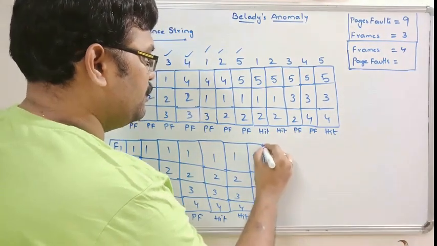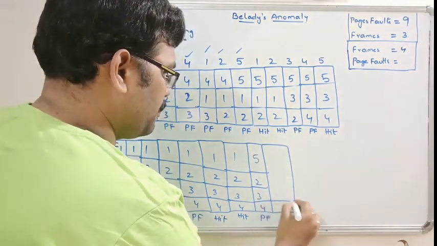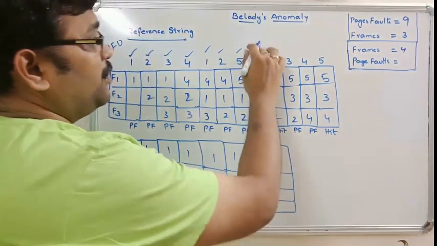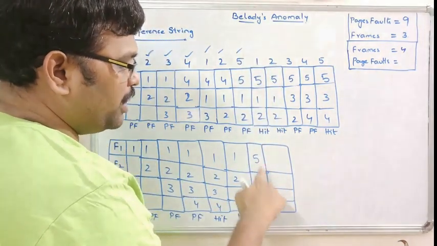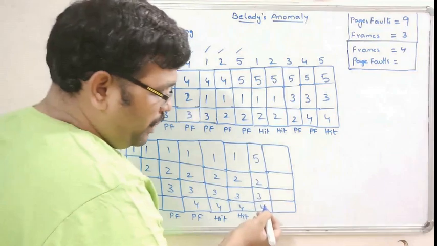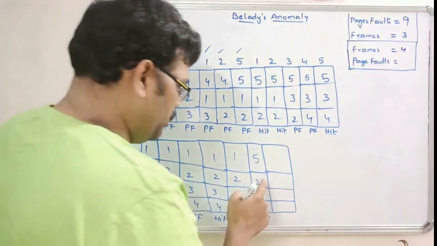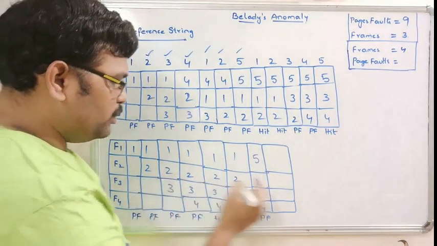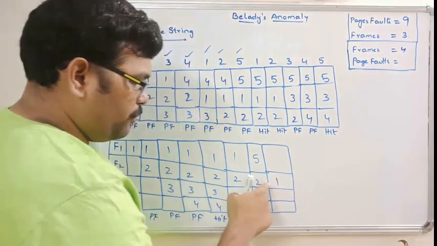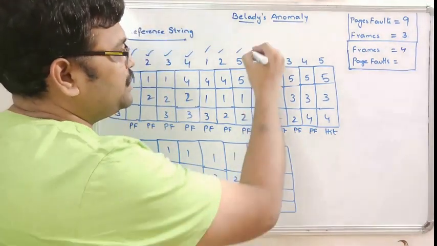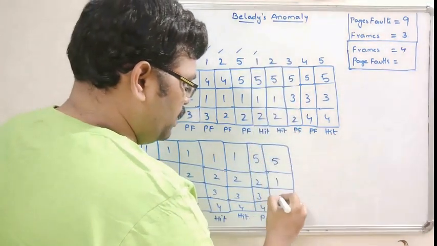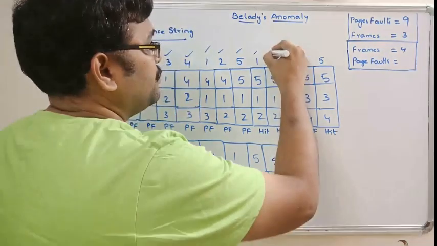It's a page fault. Then 1 is not available here, so we replace 2, because among these it is the first. So 2 will be replaced with the required page 1. So 5, 1, 3, 4.